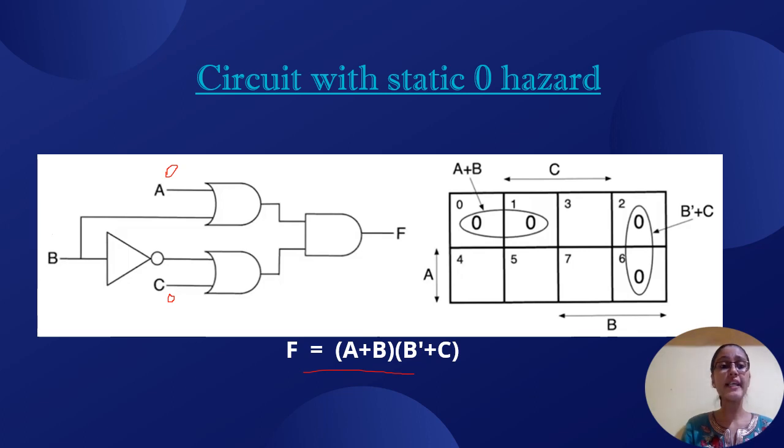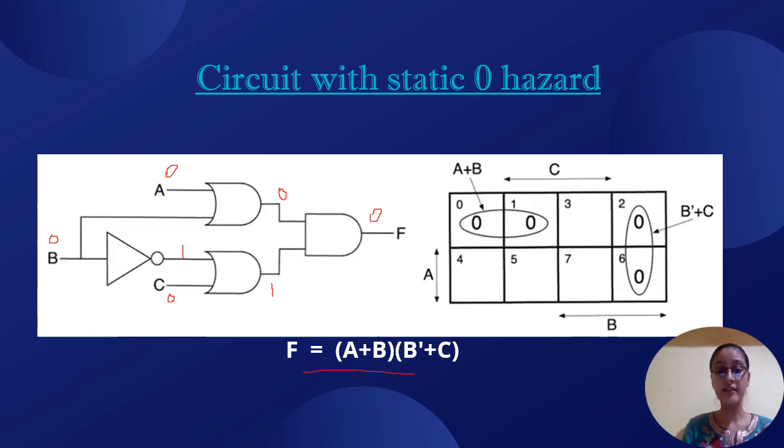Initially I'll consider B to be 0. Let me see what output we get. As A and B are 0, this is the OR gate, and the OR gate output will be 0. But this is the B bar term, so due to the NOT gate, here it will be 1. So 1 plus 0 gives 1. Then 0 and 1, the output is 0.